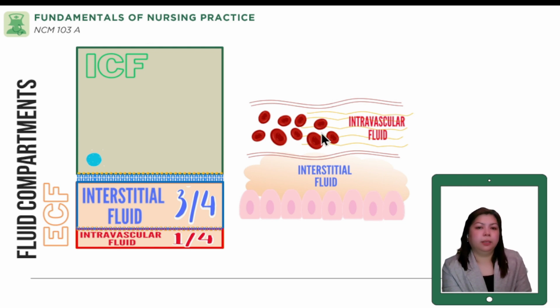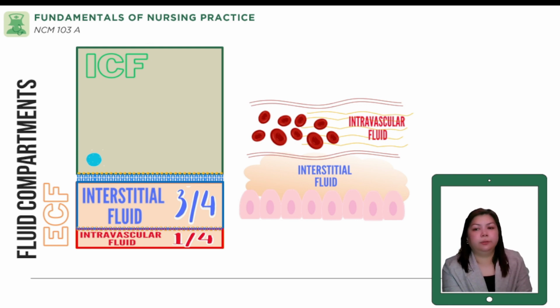So blood itself can be considered a compartment on its own, because it has an extracellular fluid and an intracellular fluid. It has your intravascular fluid, or your plasma, as your extracellular fluid, and that inside of the red blood cell, which is your intracellular fluid.